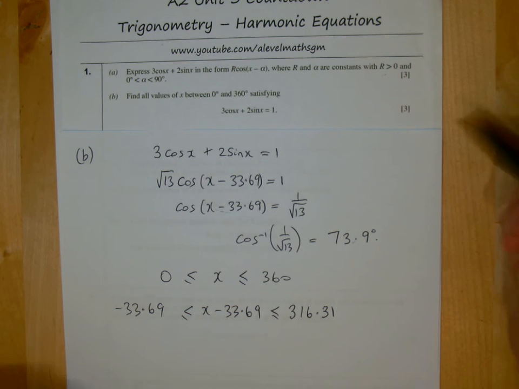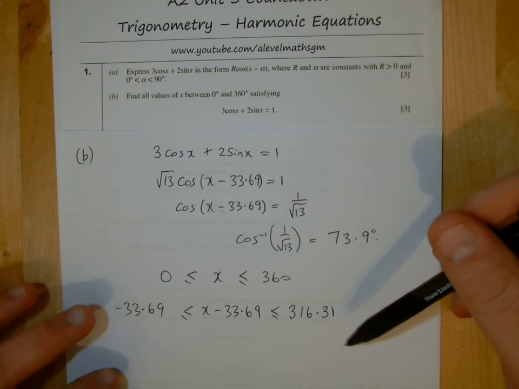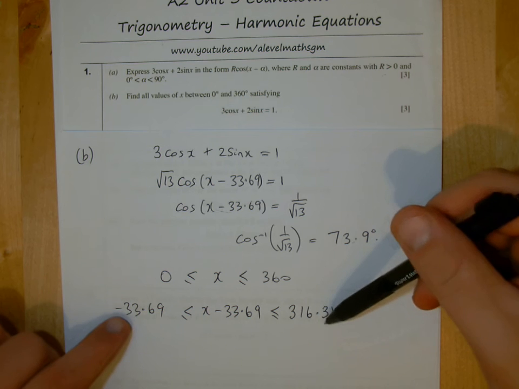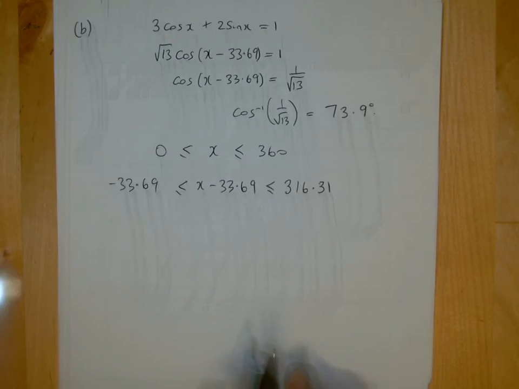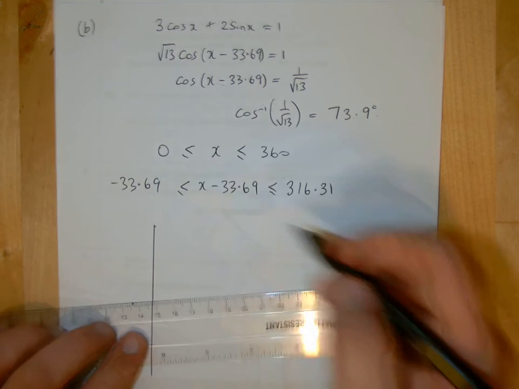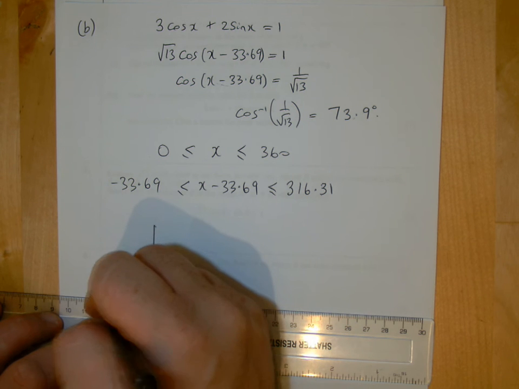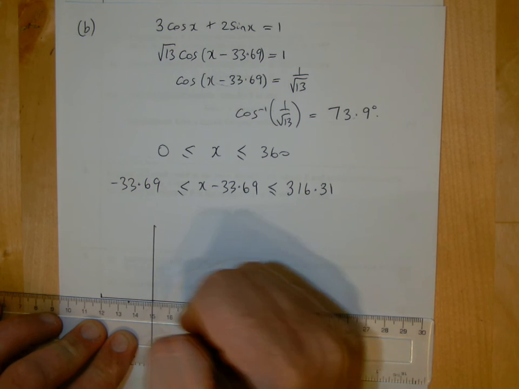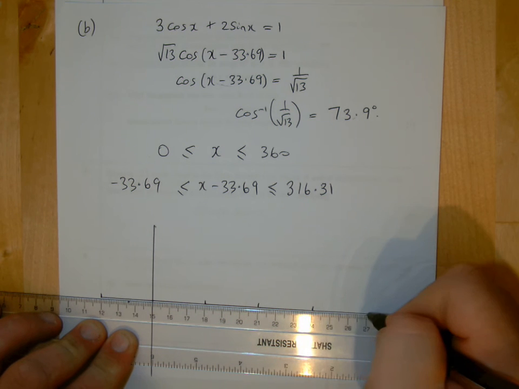Now I'm going to construct my graph of cos to find all the solutions in this range. Of course, when I draw my cos graph, I can't go to minus 33.69, so I'm going to go to minus 90. And I can't go to 316.31, so I'm going to go to 360. So I construct my cos graph here. I'm going to do 3 centimeters for minus 90, 3 there, 90, 180, 270, 360.